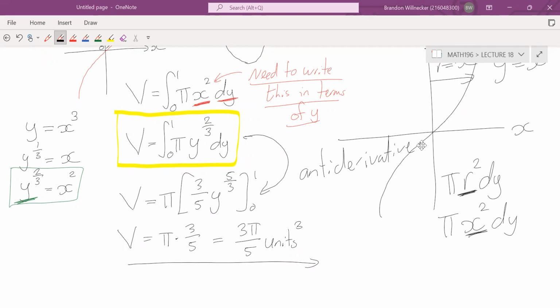So 2 over 3 plus 1 becomes 5 over 3. And then you divide by 5 over 3, so that becomes 3 over 5. Is that all right? I'm just using the power rule for antiderivatives. Any other questions?